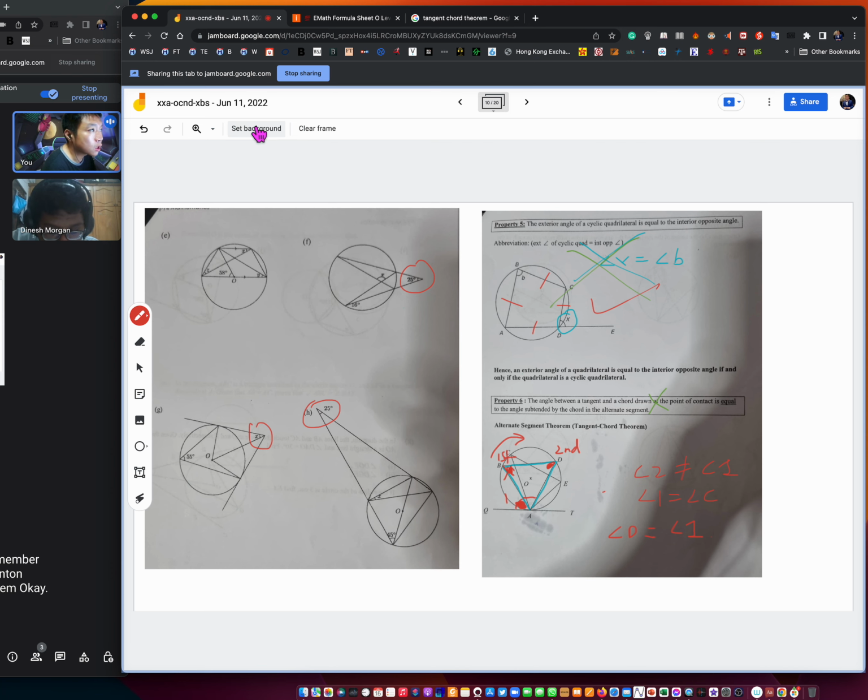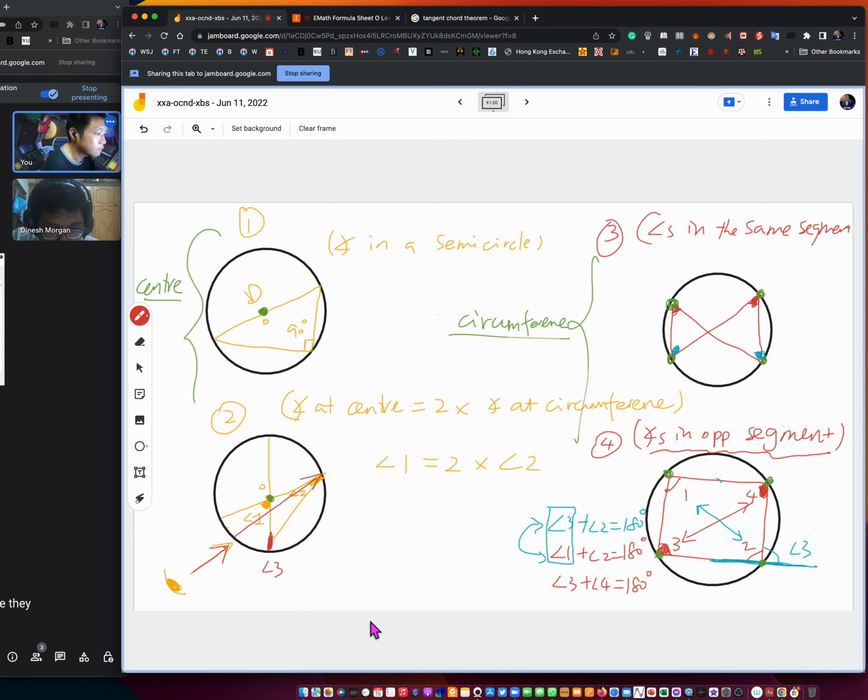Good. So that is our rule 5. Here, this is angle 1.